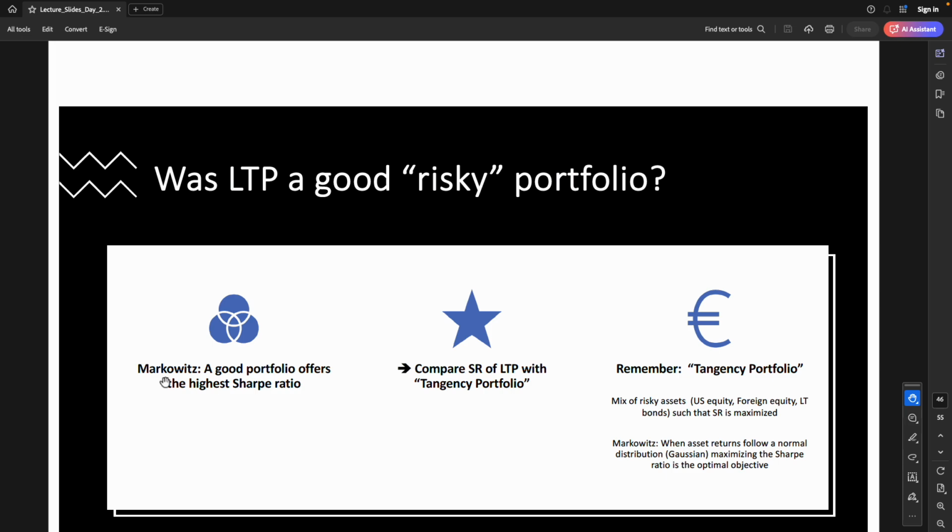So we can therefore very simplistically check whether the Sharpe ratio of the LTP is somewhere in the area of the Sharpe ratio of the tangency portfolio. And if it's very close to each other, then it's a good portfolio. If it's very far away, LTP would not be a good optimal risky portfolio.